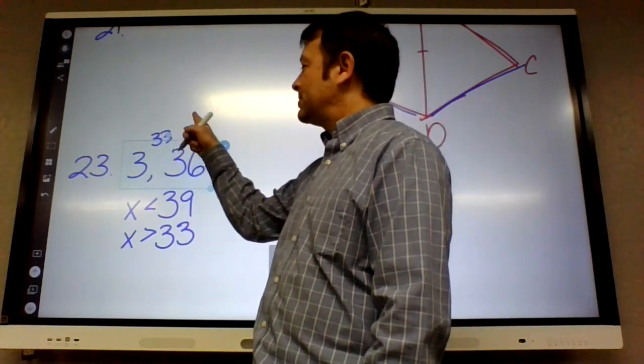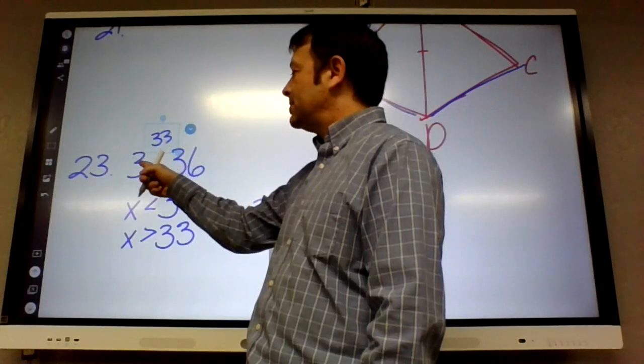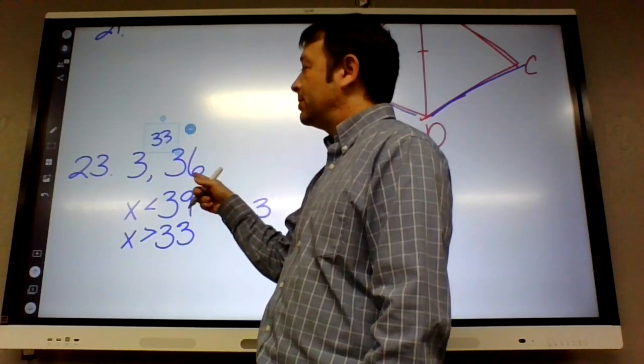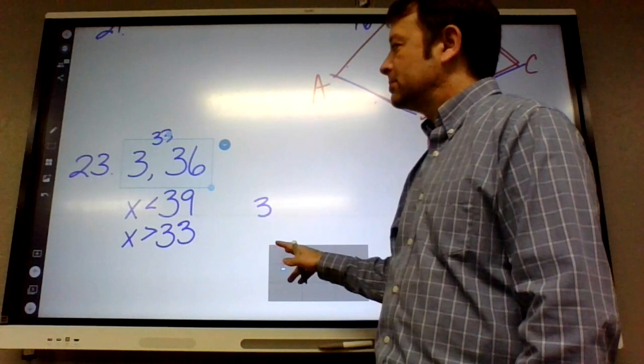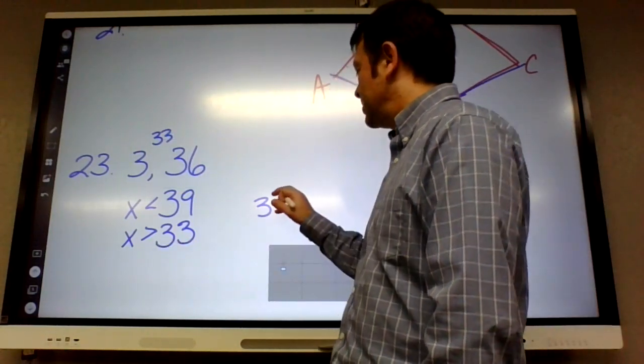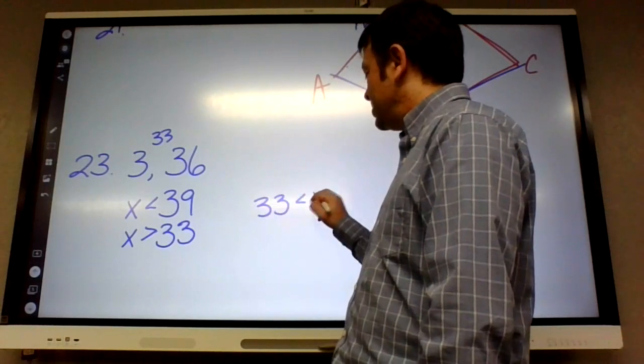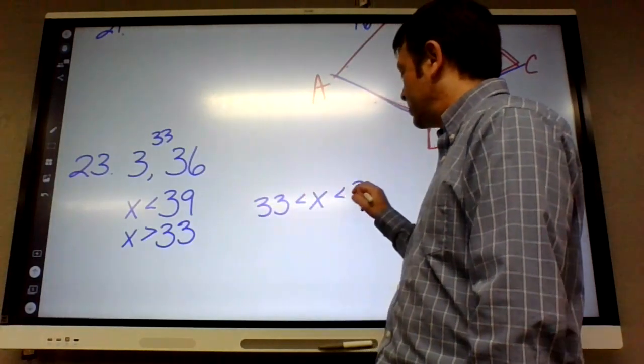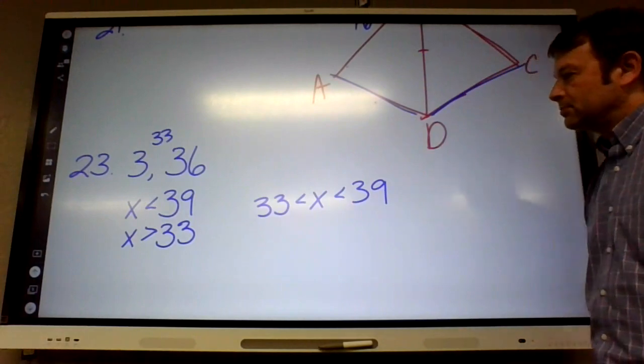The third side could not be 33 because these two together are not bigger than 36. So it has to be bigger than 33. So here's the way to write it: X has to be greater than 33 and smaller than 39.